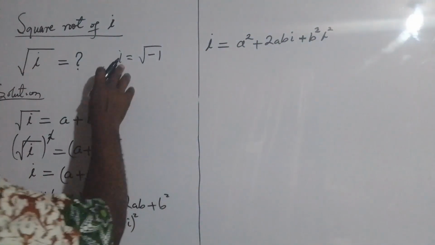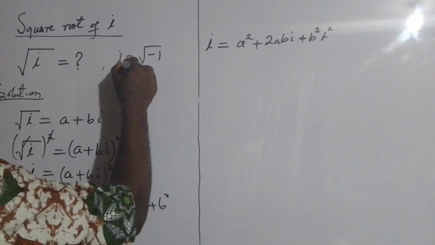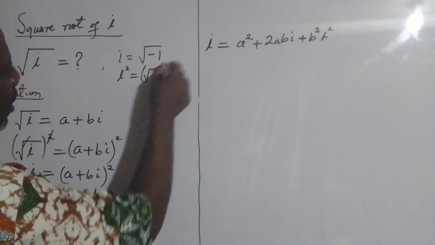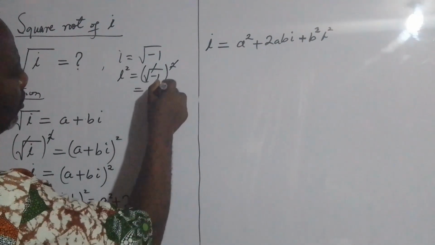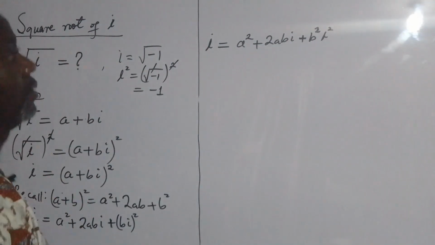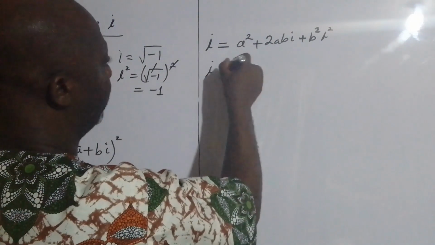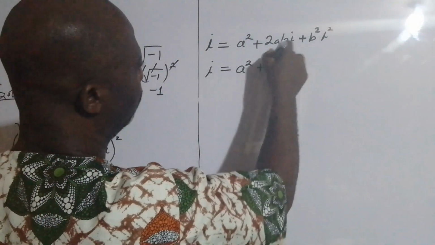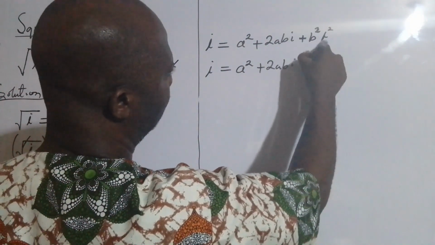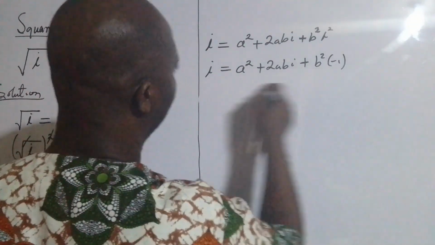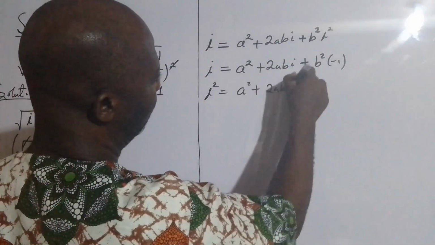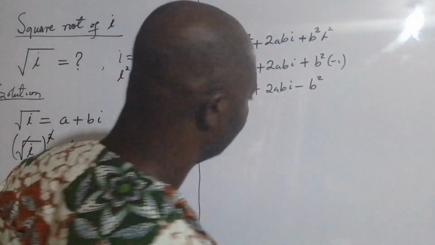Now we know that if i is the square root of -1, then it means that i squared will be the square root of -1 squared, which will give us -1. So here we are going to represent i squared by -1, and so it gives me a squared + 2abi + b squared times -1, and so we have i equal to a squared + 2abi minus b squared.